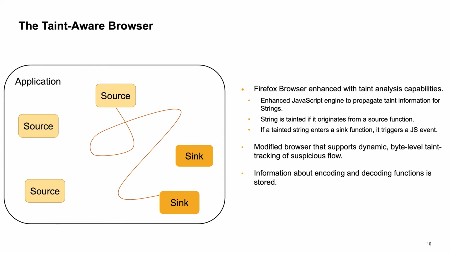First, you need to identify what the sources and the sinks are. As seen, a source is a user-controlled input, like the location hash, and the sink function is a place where the data is used to control the flow of the program.